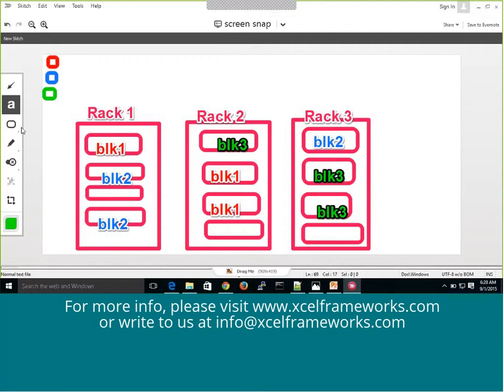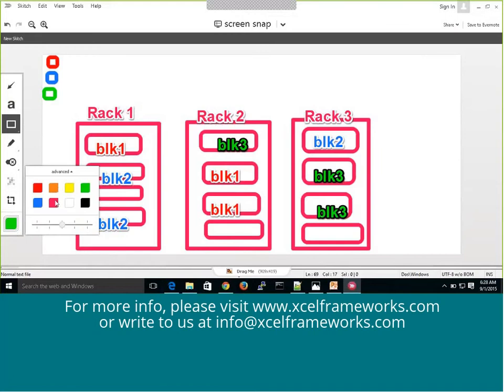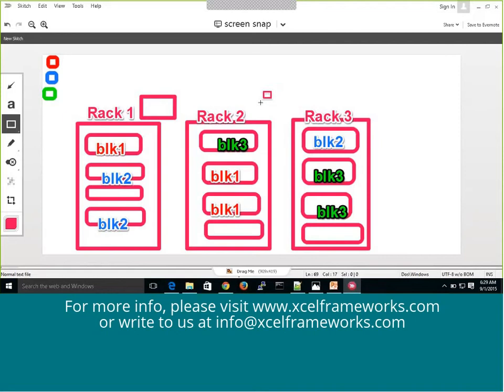In the same way, for block 3, in rack 2 one of the blocks got saved, and in the next rack the second replica got saved, and the next one in the same rack. Even for block 2, one block is saved in rack 2, and the next replica is again saved in the same rack.